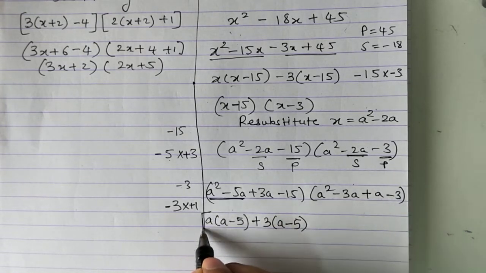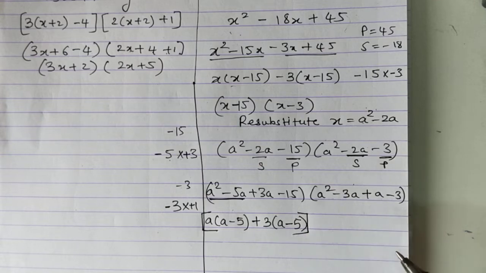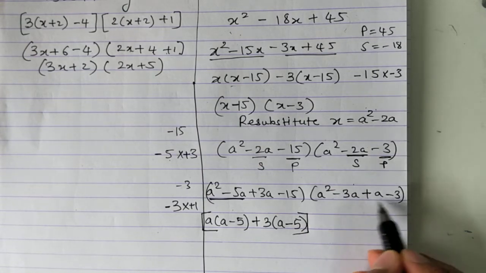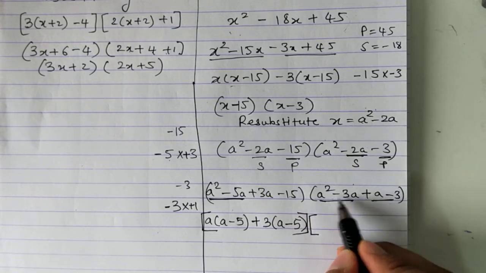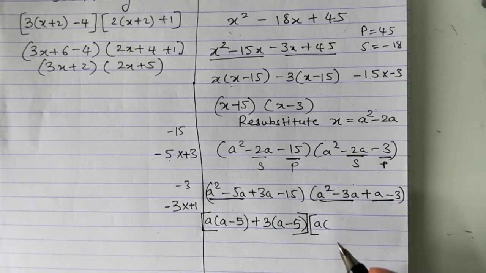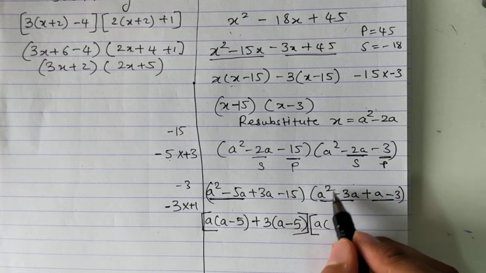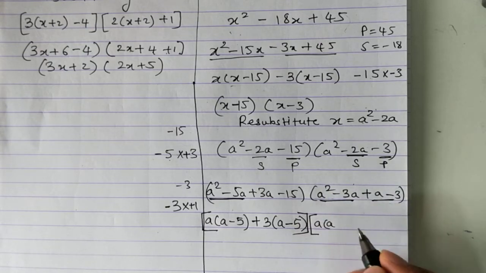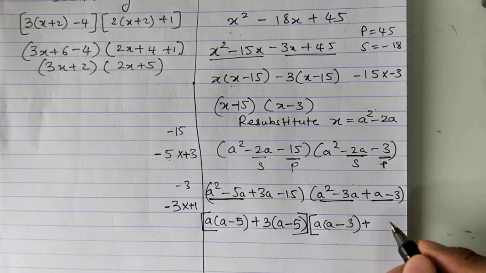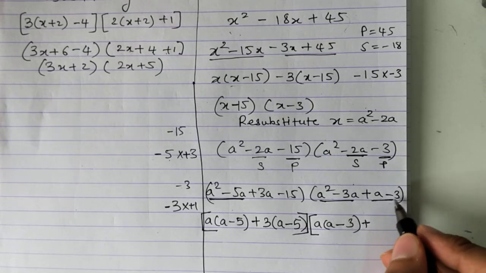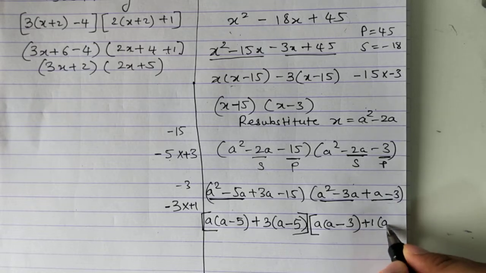Okay. Now here in the first two terms and the second two terms. First two terms I can take a common again. So what will remain? A from this a square, a is gone. So 1a will remain, minus here 3 will remain. Okay. Plus from this a minus 3, nothing is common, means 1 will come common.